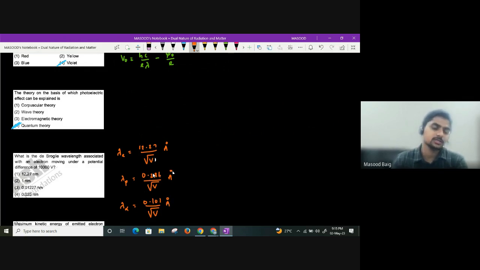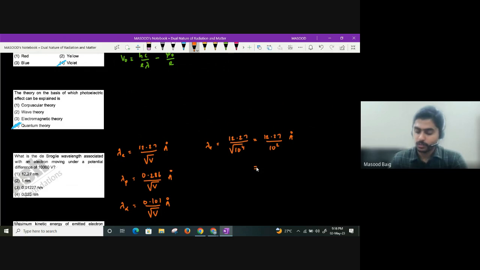Or if not, you can simply remember it is h by mv, or h by p, or h by root over 2mK, or h by root over 2mqV. So what will it be for electron? 12.27 divided by root of 10 power 4, which is 10 square, in angstrom.